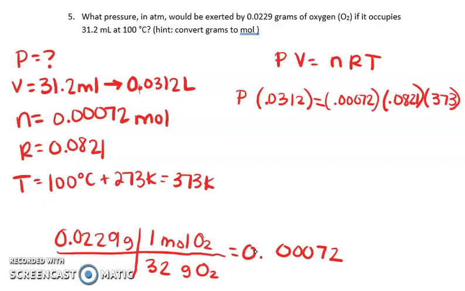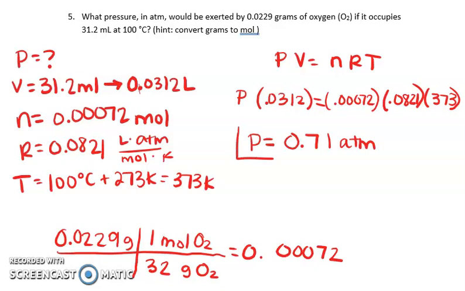I can multiply all these together and divide by the volume. So I'm going to get a final pressure equal to 0.70669, which I'm going to round off to 0.71 atmospheres, because if you remember, our R is liters times atmospheres per mole Kelvin. So my pressure is in atmospheres, so I have 0.71 atmospheres.